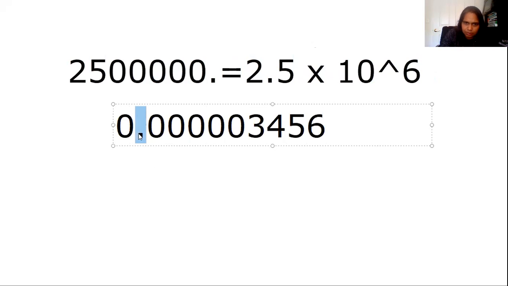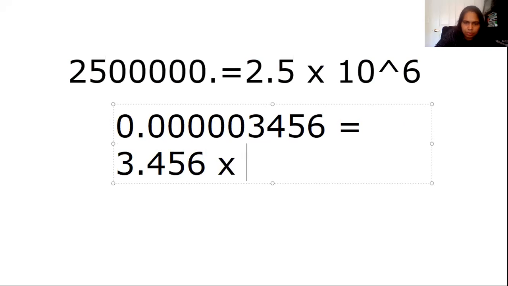So you need to move this decimal all the way to behind this number 3. 1, 2, 3, 4, 5, 6. So the answer is 3.45 times 10 to the power negative 6.